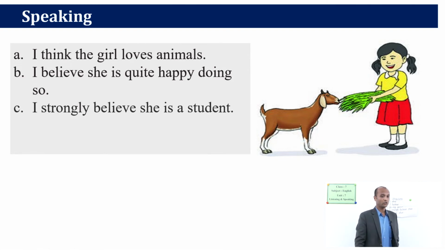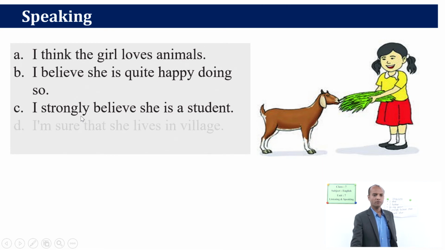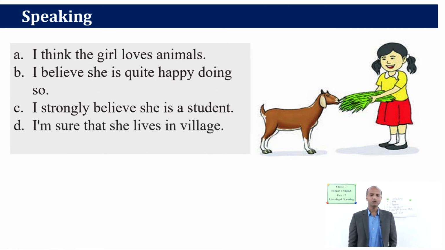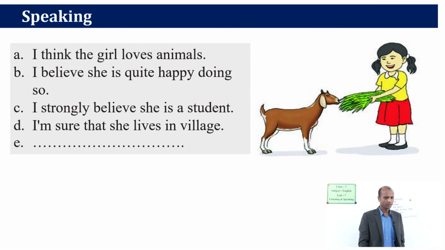Third, I strongly believe she is a student. You can see her dress, or uniform that she is wearing. I'm sure that she lives in a village because you can guess like this, because she has a goat. What else? You can add more of such sentences. That is your task.